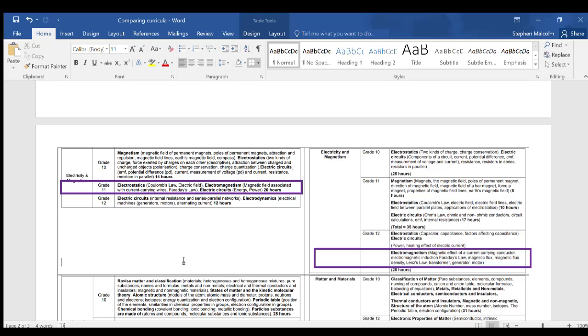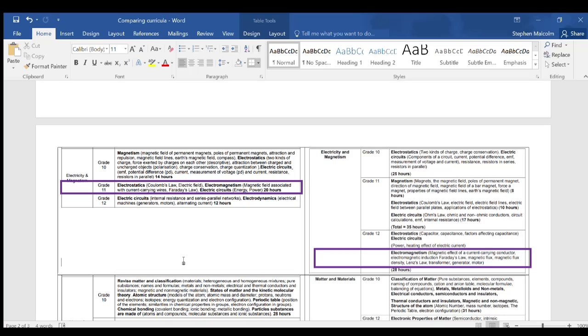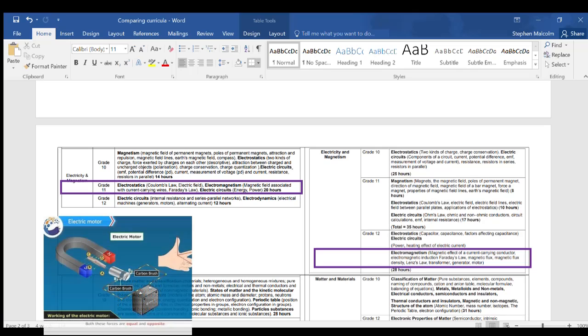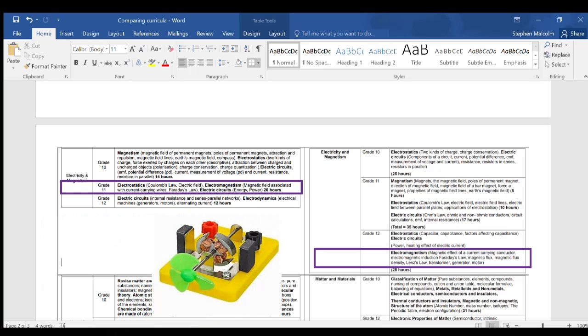Faraday's law is also looked at. The Technical Sciences go on to specify that Lenz's law and magnetic flux should be looked at as well. And then it talks about looking at transformers, generators, and motors. Now, in the Physical Sciences curriculum, generators and motors are looked at as a particular topic called electrodynamics.